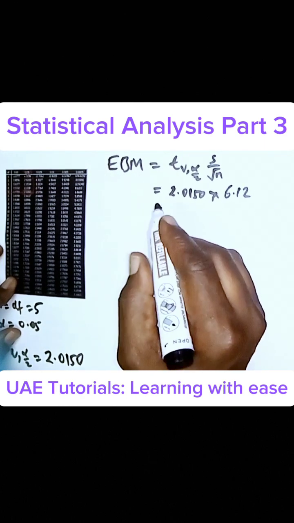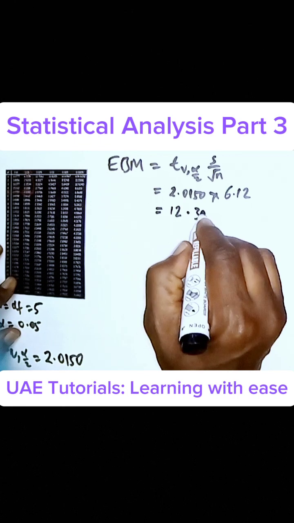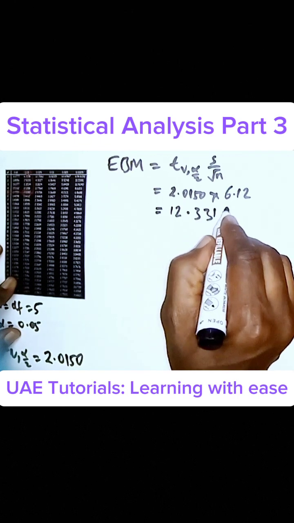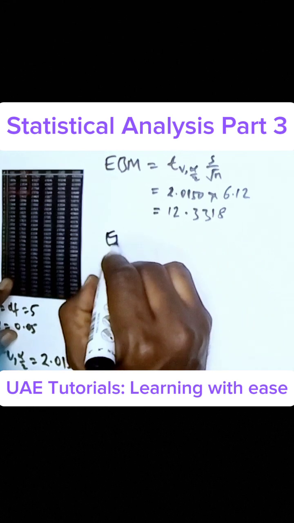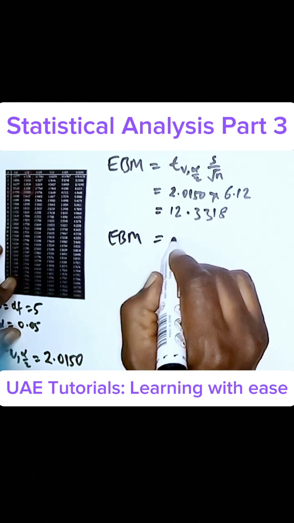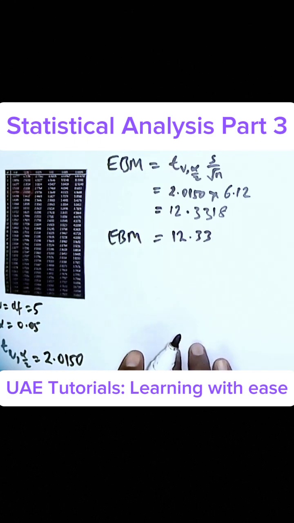If you check your calculator, that will give you 12.3318. So let's take it approximately: EBM is equal to 12.33 to 2 decimal places.